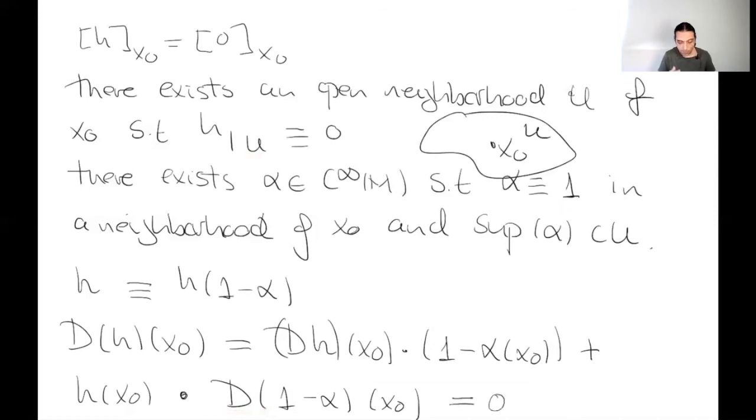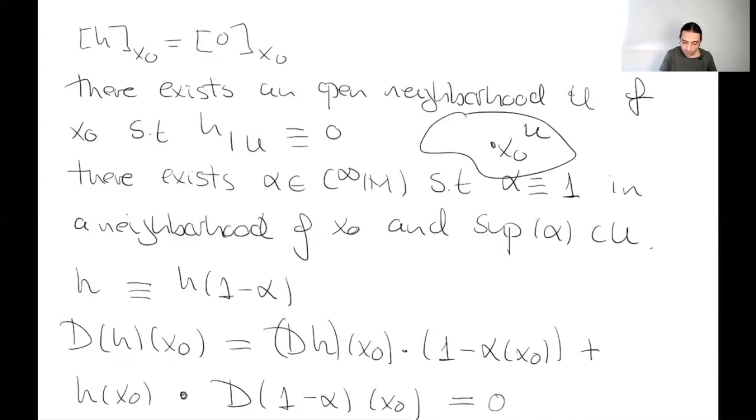And we proved what we wanted, that if we have a function, a C-infinity function, whose germ coincides with the germ of the 0 function, okay, then the derivation applied to this function at the point x0 is equal to 0.